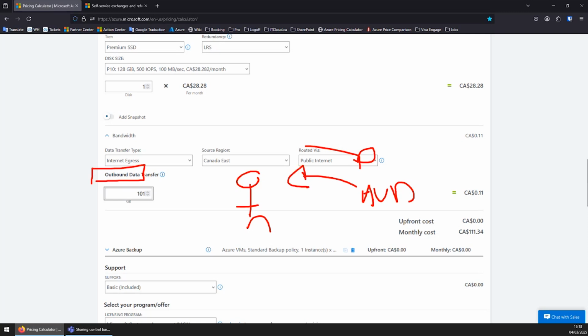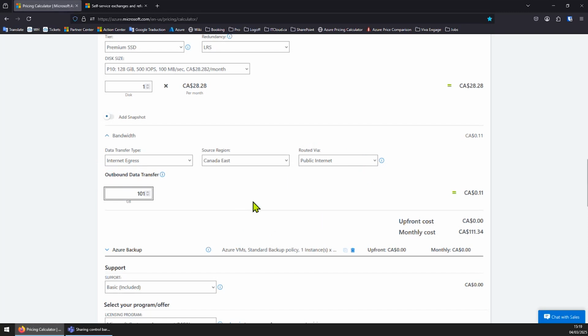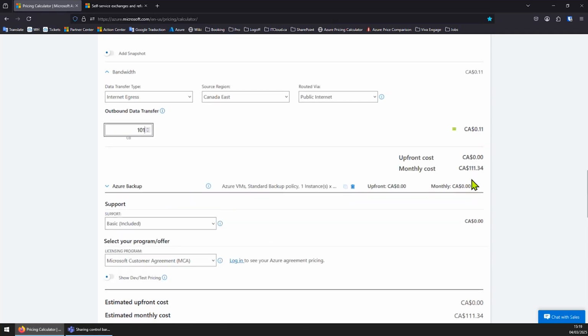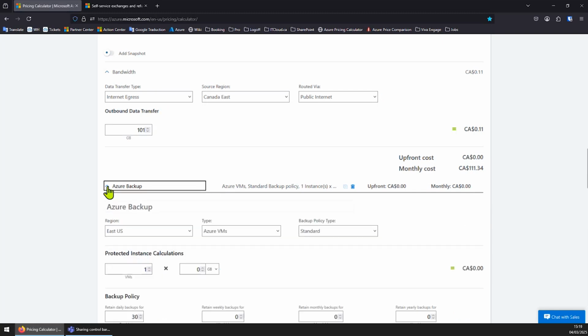Of course, the end user gets video, mouse, and keyboard, but it's negligible, so don't worry about that. But it always depends. These are the rules from Azure. Here we are. This is the price of your VM. Let's continue with the backup.